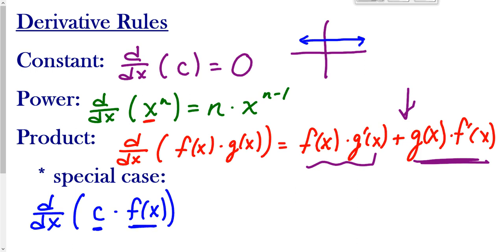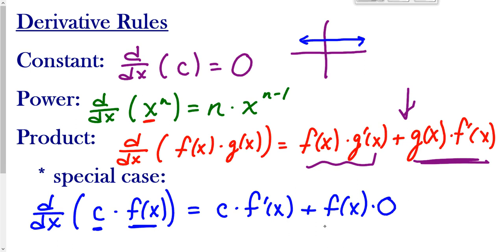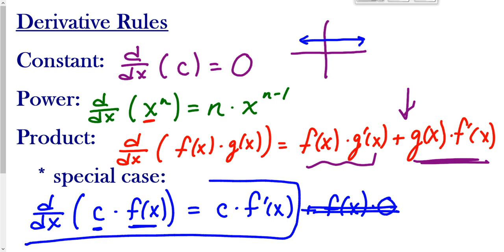If you were applying product rule to that, you'd have first and then the derivative of the second plus second, and then the derivative of a constant, as we set up above in the purple writing, is 0. So since 0 times f of x is just going to be 0, we usually don't write this part. And this is sometimes listed in math books as its own rule, but it's really just a special case of the product rule in which the second part ends up zeroing out.